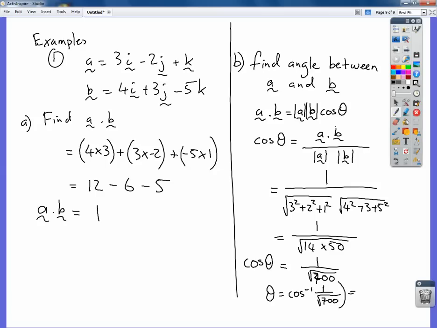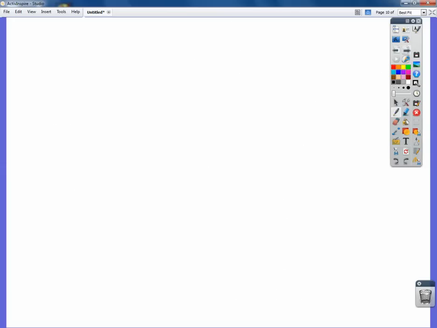That's a calculator job. That gives me 87.8 degrees. So we found the dot product of two vectors, and we found the angle between two vectors. Our next video will look at linear independence and scalar resolutes.